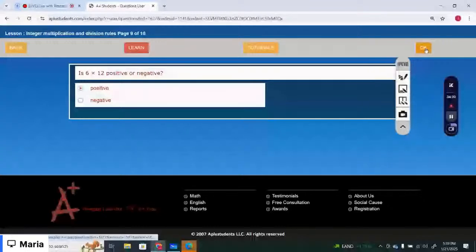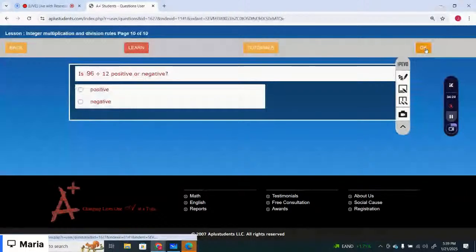Is negative 96 divided by 12 positive or negative? Negative, it is. Okay, you can complete the lesson by yourself later today.